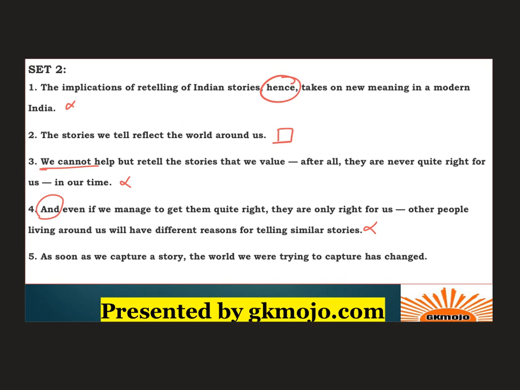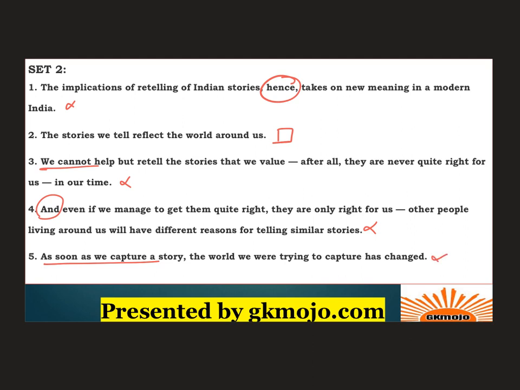So this also you can make out from the tone that the writer must have had something before this sentence, something regarding a story. Then only he is concluding it by saying that as soon as we capture a story, the world we are trying to capture has changed, right? So even this cannot be an introductory sentence.